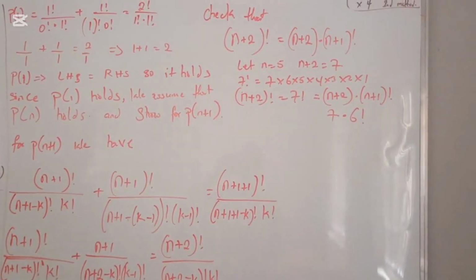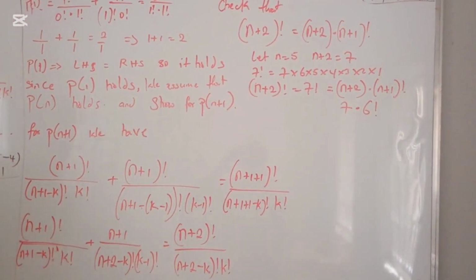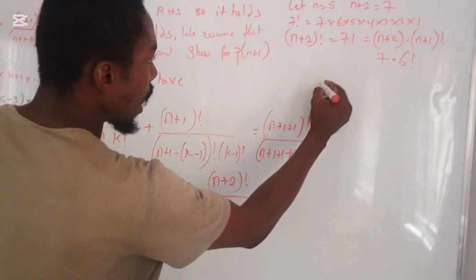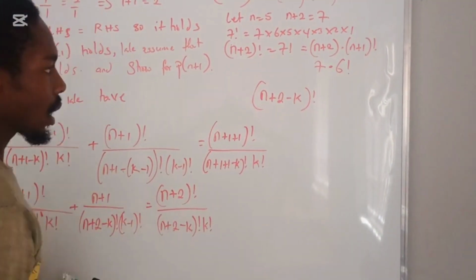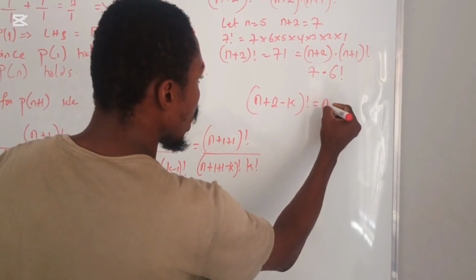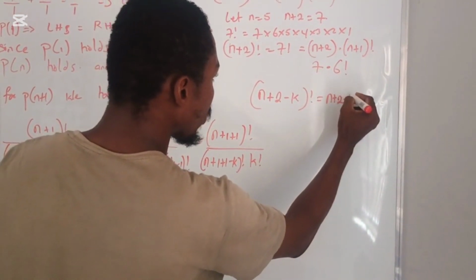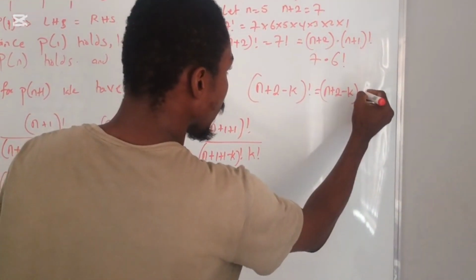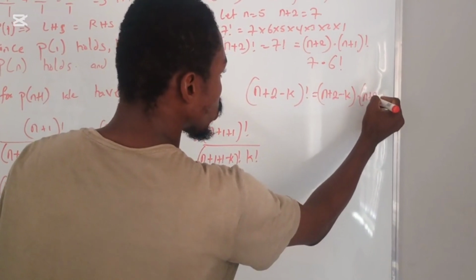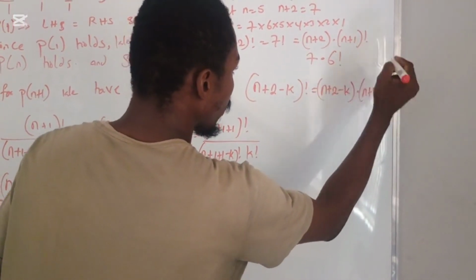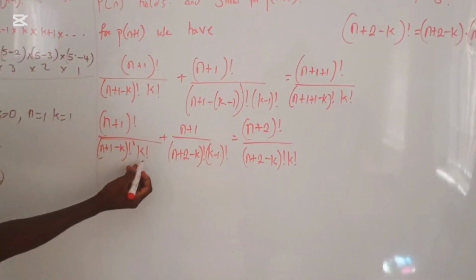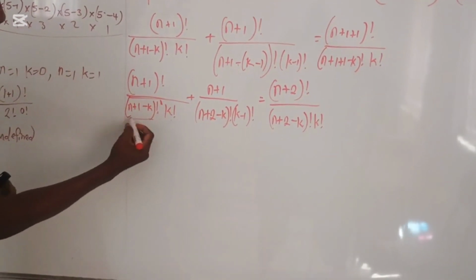So since they are the same thing, you will agree with me that n plus 2 minus k factorial is equal to n plus 2 minus k multiplied by n plus 1 minus k factorial, which is what we have here.